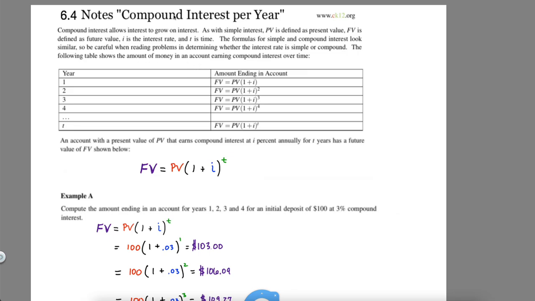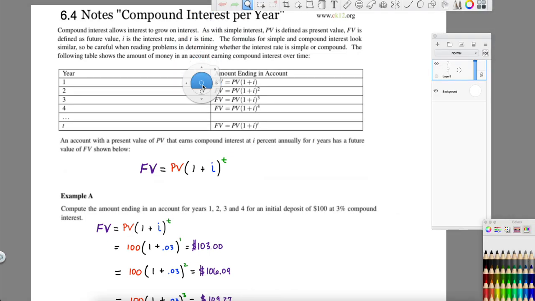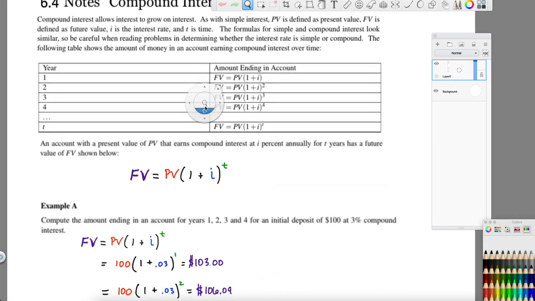This next set of notes is on compound interest per year, and you just did a section on simple interest.